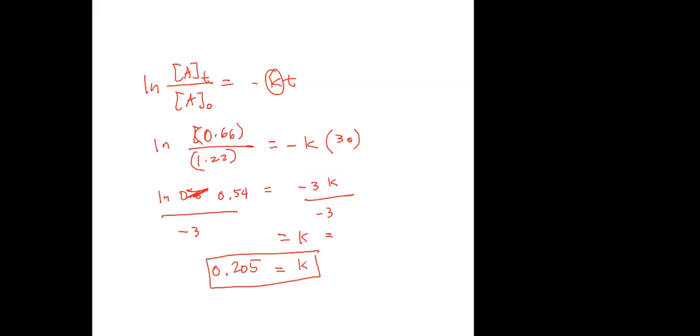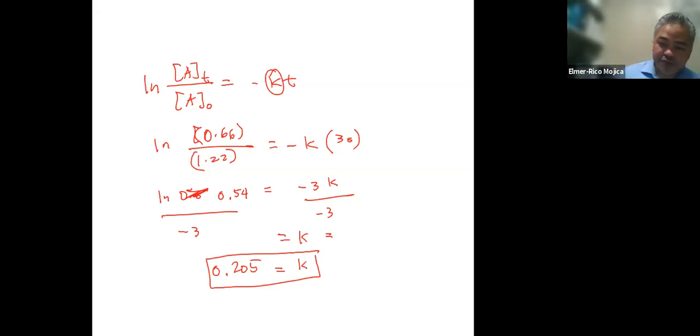Because if you have ln of 0.86 over 1.22, so 0.86 divided by 1.22, you get 0.705, and if you get the ln of that divided by negative 3, oops, why did I get an error? 0.116 or 0.12.